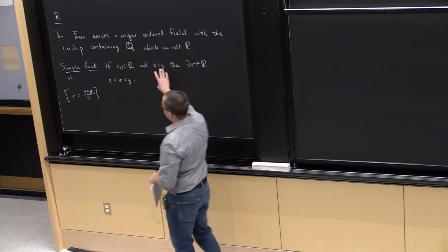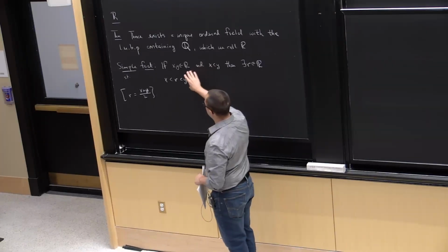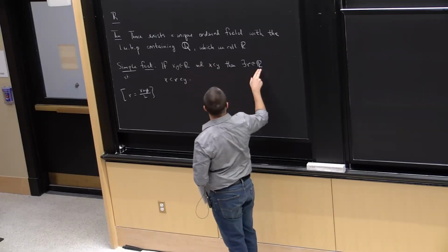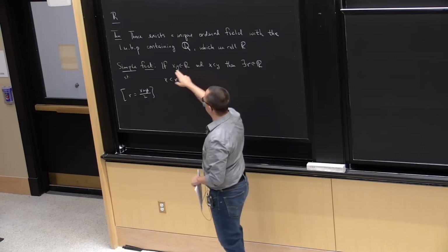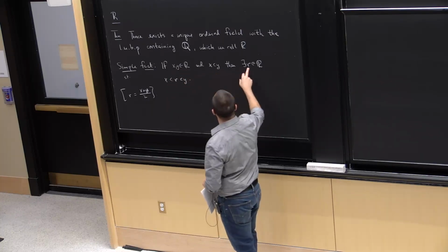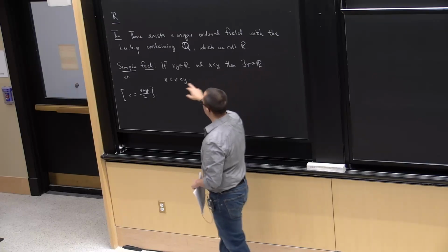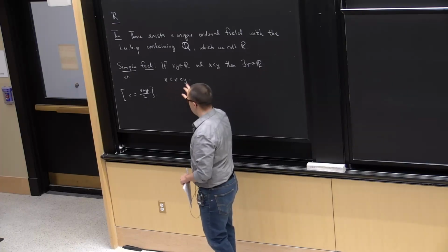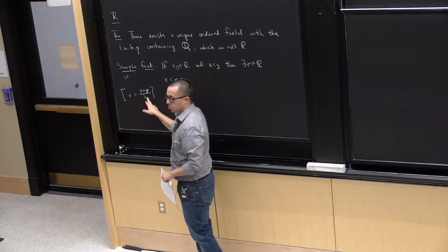Now, this statement is also true if I replace R with the rational numbers. If I had two rational numbers, one less than the other, then there exists a rational number between x and y. I just define r in this way.